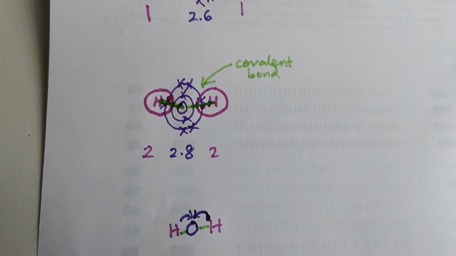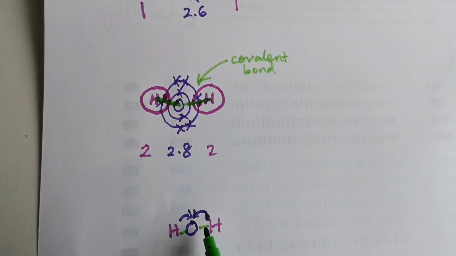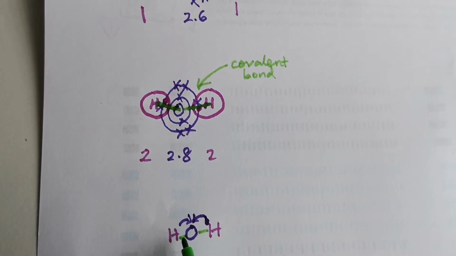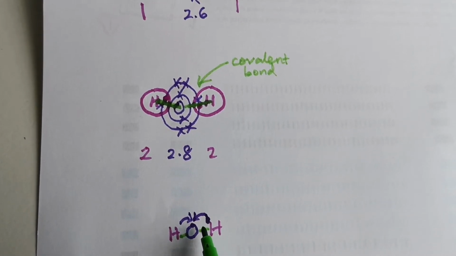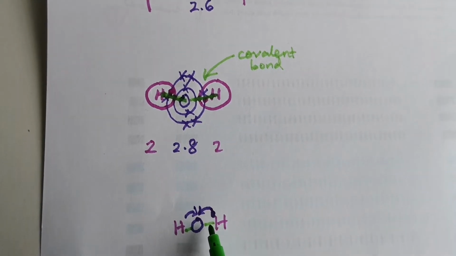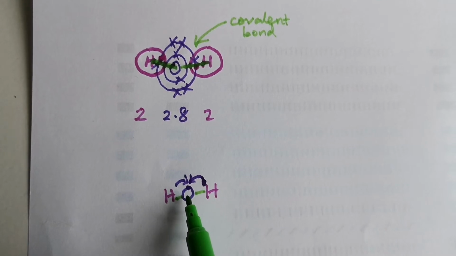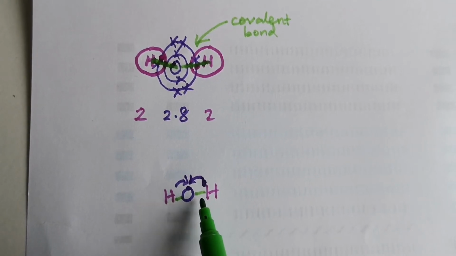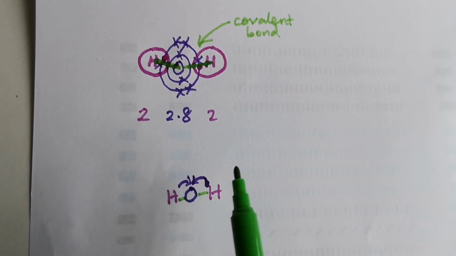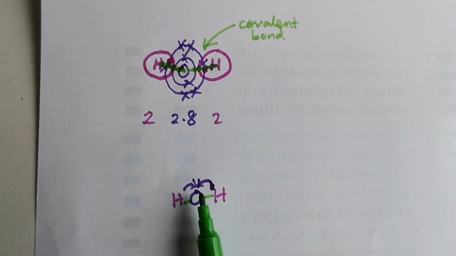So that means the sharing of electrons here is not equal sharing now. It's not like, oh, you take half, I take half. It's not equal sharing. Because of the electronegativity of oxygen, the electrons here actually are closer to the O.